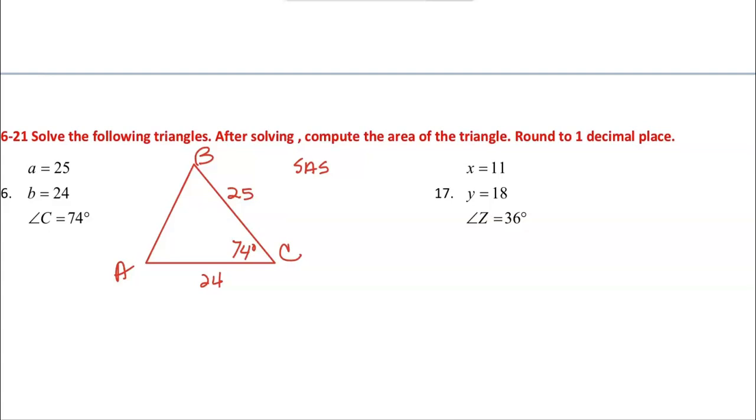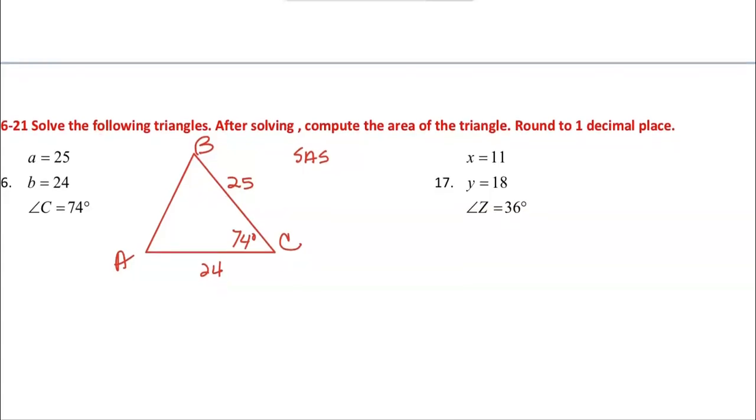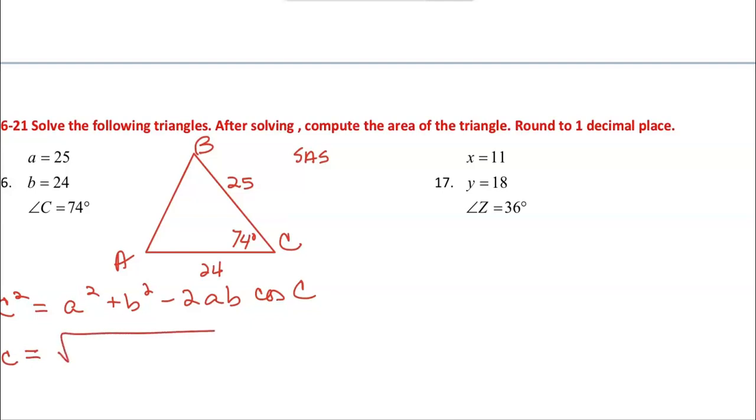So the first thing I did was, to get missing side C, law of cosines tells me C squared equals a squared plus b squared minus 2ab cosine C. I don't want C squared, I want C, so I'm taking the square root of the whole right-hand side.